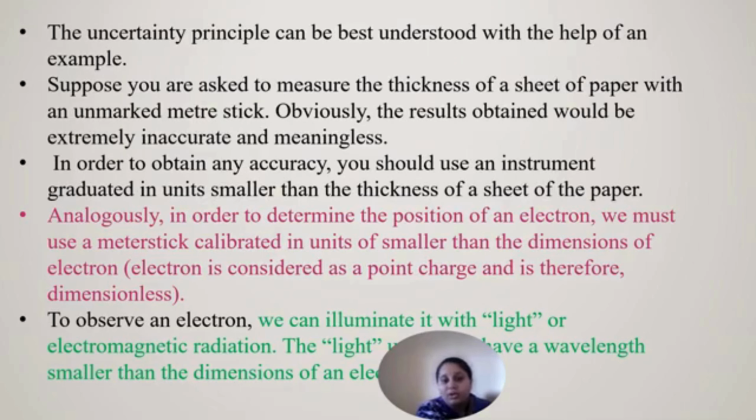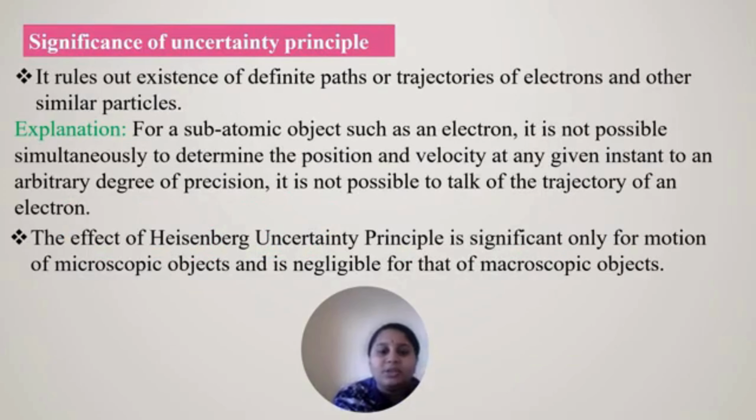So we know the value of the wavelength, or at what intervals the time taken by the electron to reach that certain point is smaller than the dimension of an electron. So in that way we can conclude that.